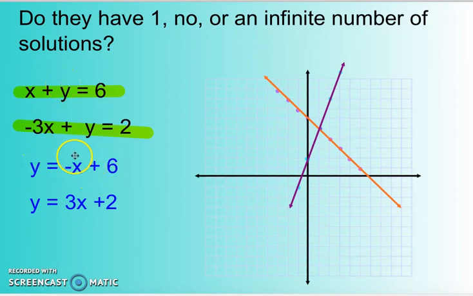Notice I wrote it though as slope first, then y-intercept. And then lastly, this one, it looks like all I had to do was add 3x. And so I added 3x on the other side, and I get positive 3x, and then plus 2, because that 2 is still there. And so I graphed it, and I noticed that again, this has one solution. So this is a consistent system of equations, and it's independent.